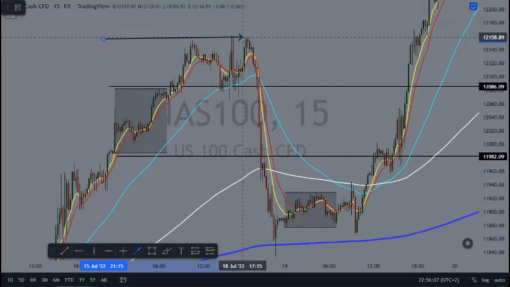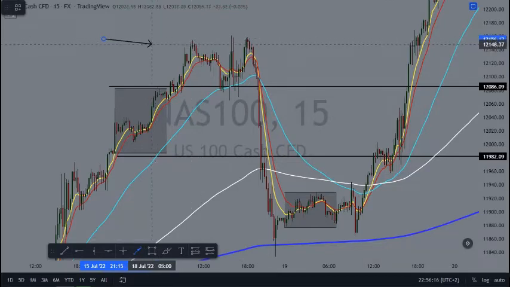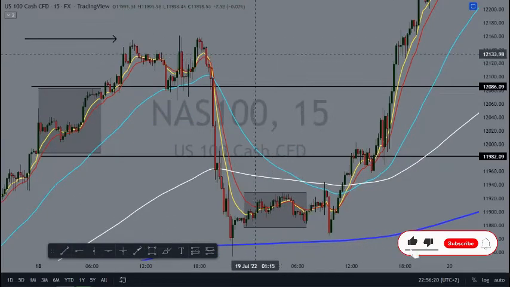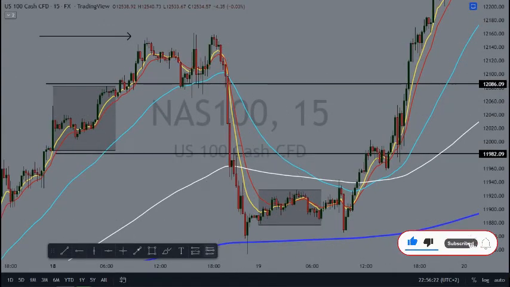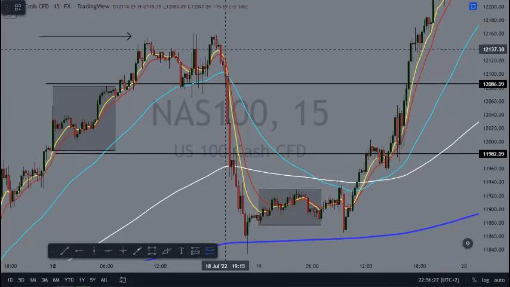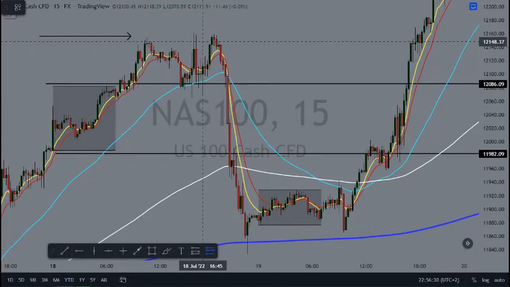whenever we get 3 hits on the high or 3 hits on the low, that can make the setup also very powerful. So you can see it was a very nice trade. We took this trade somewhere around here, I think, somewhere around here.